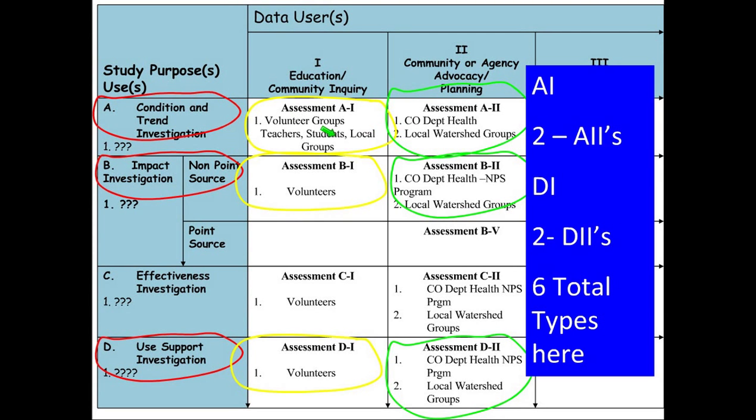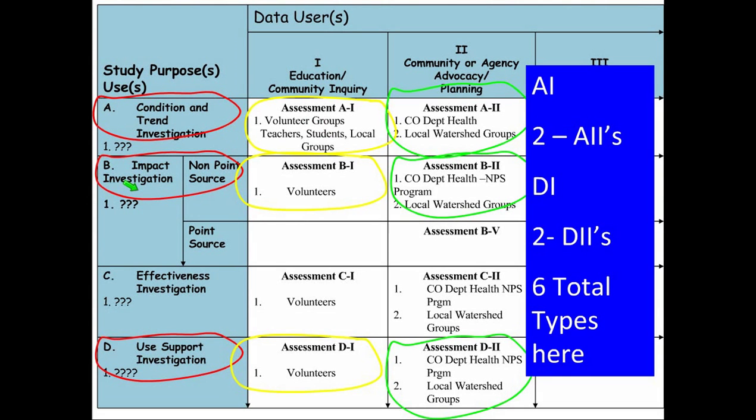So I have three different assessment types here. We call them assessment types, A1 or A2. Then some of our groups are doing impact investigation. They actually use that data to investigate an impact. Some of those are volunteers.